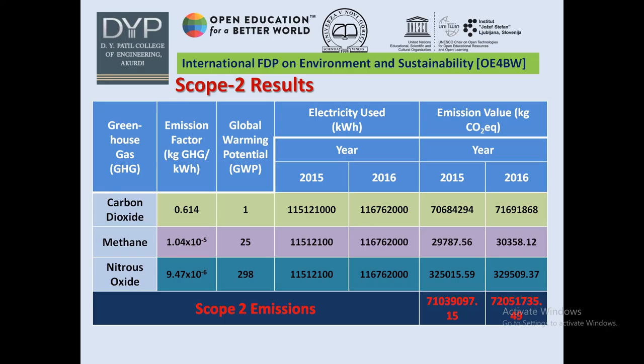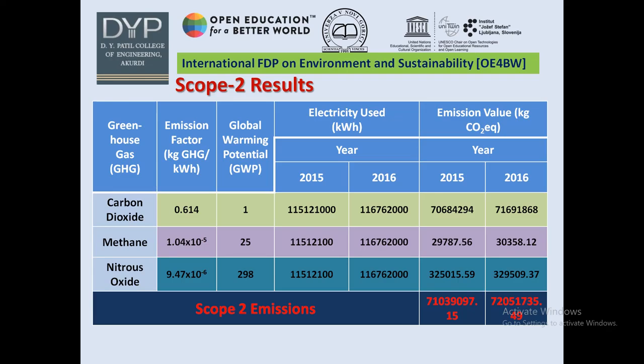Similarly, we have computed scope 2 results. In this case, carbon dioxide comes out to be for 2015 around 70 crores, close to 71 crores for 2016. Then close to 30,000 is the CO2 emissions by methane for 2015 as well as 2016, whereas in case of nitrous oxide it is around 32 lakhs.